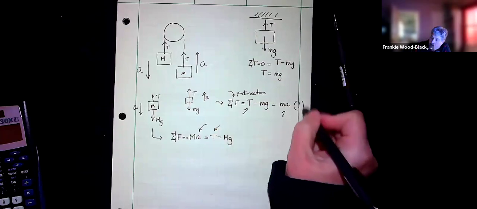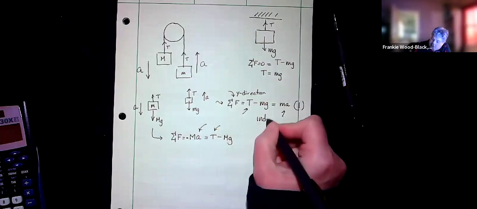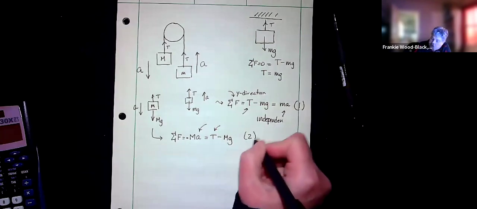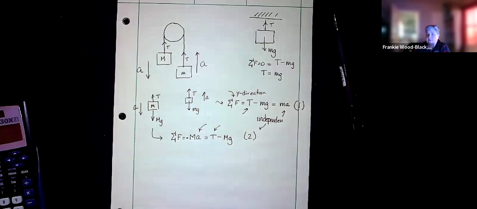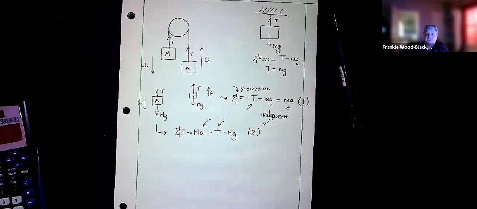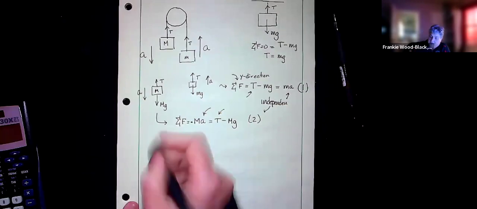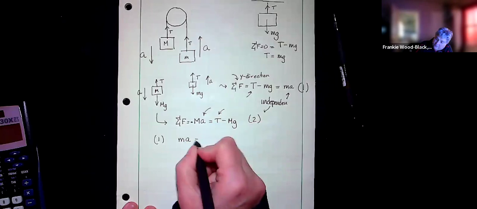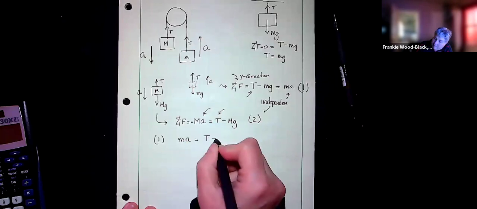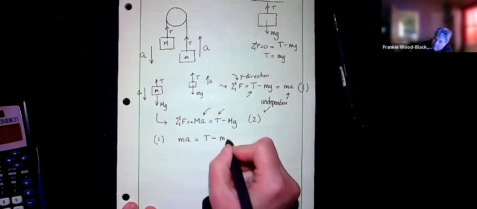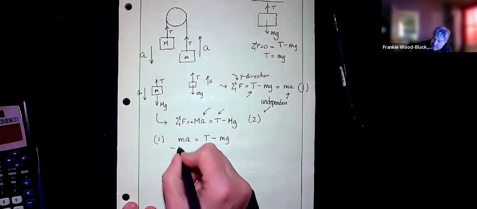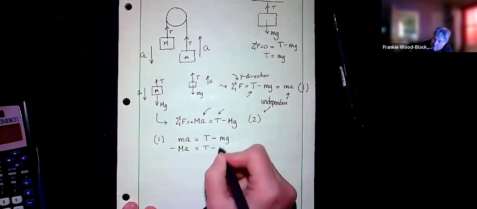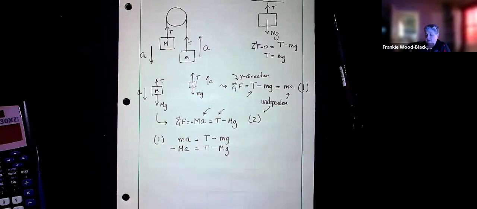But this is equation 1, and this is independent of this equation 2. These are both independent. I have 2 equations, 2 unknowns. So equation 1 is going to be little m times acceleration is equal to T minus mg. And I have minus big M times acceleration is equal to T minus big M times gravity.